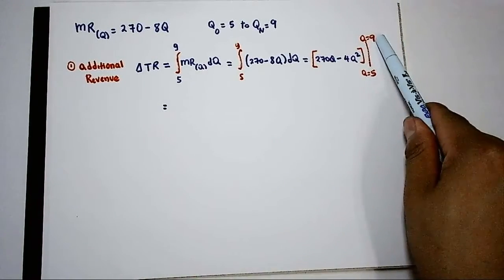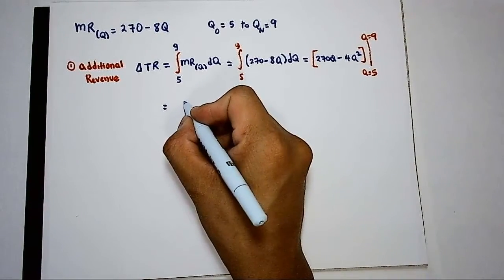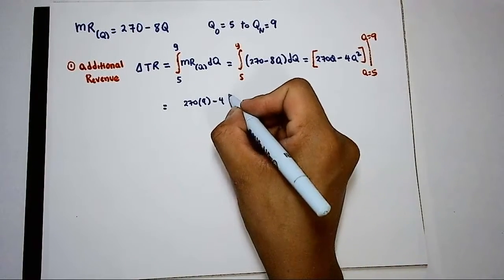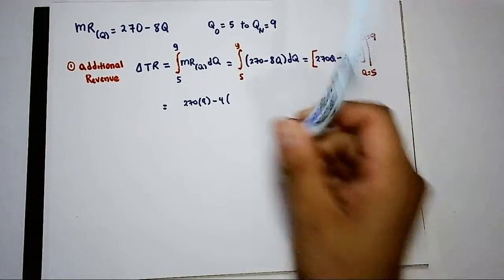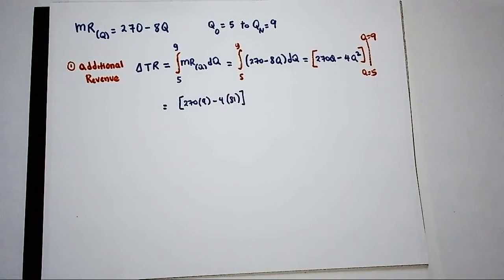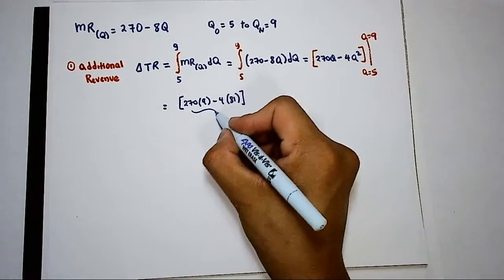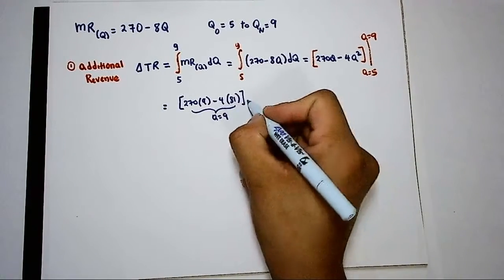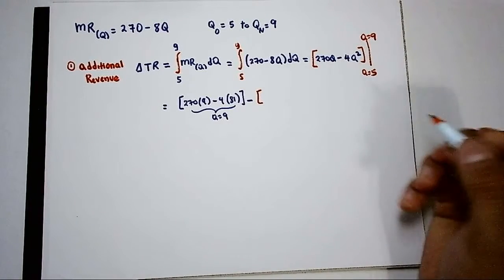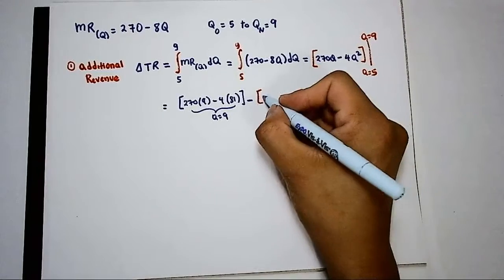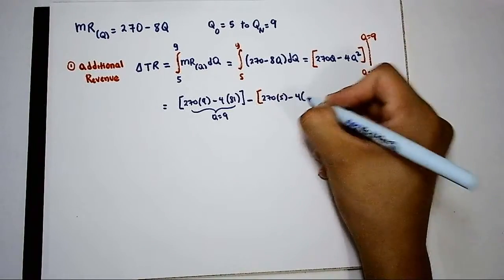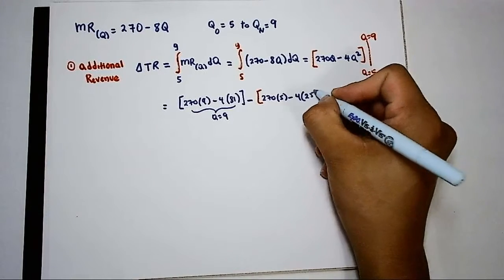When q is equal to 9, we get 270 times 9 minus 4 times 9 squared, which is 81. Minus, when q is equal to 5, this is 270 times 5 minus 4 times 5 squared, which is 25.